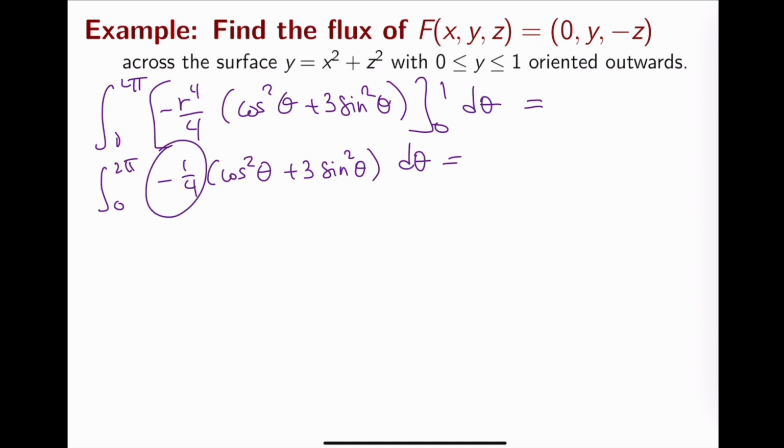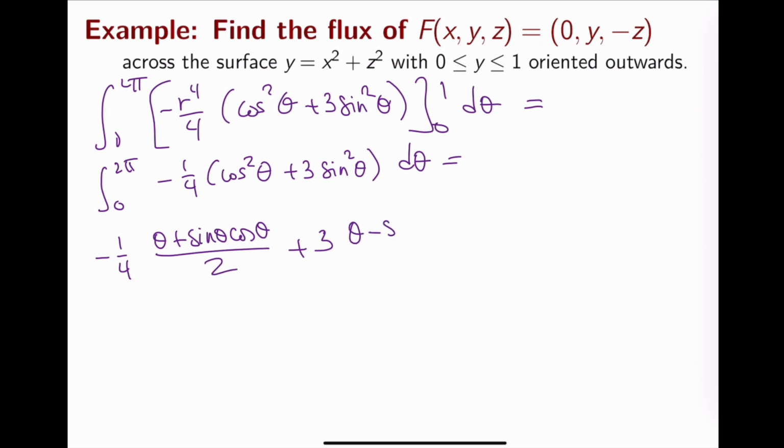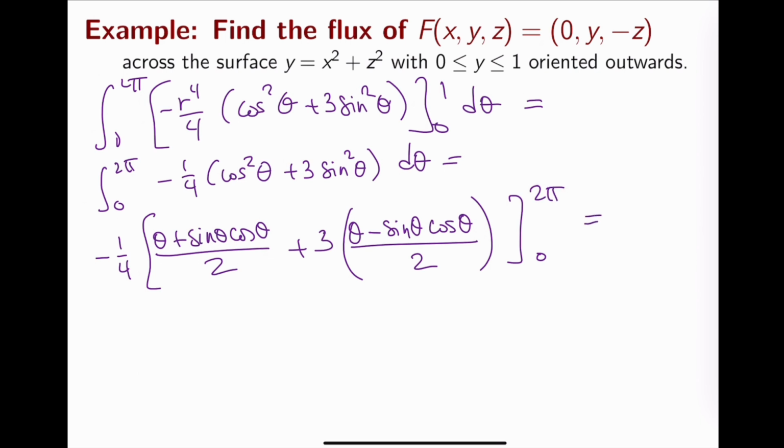Now we take this constant out and we integrate. The integral of cosine squared is theta over 2 plus sine 2 theta over 4, and the integral of sine squared is the same, right? But with a minus. And this should be evaluated between 0 and 2 pi.